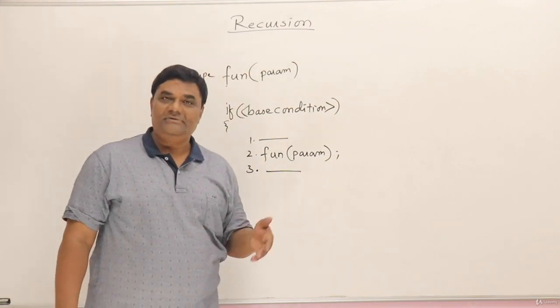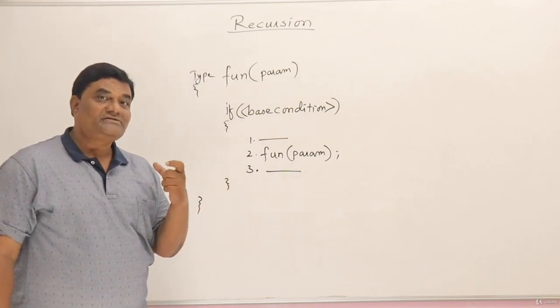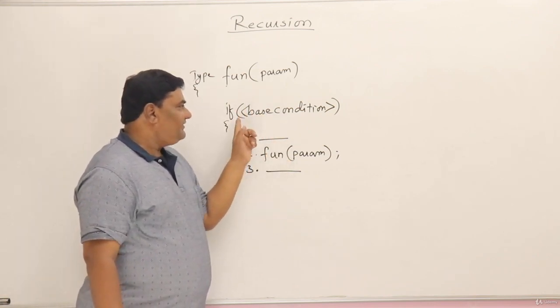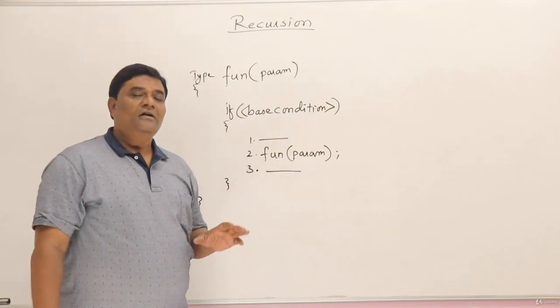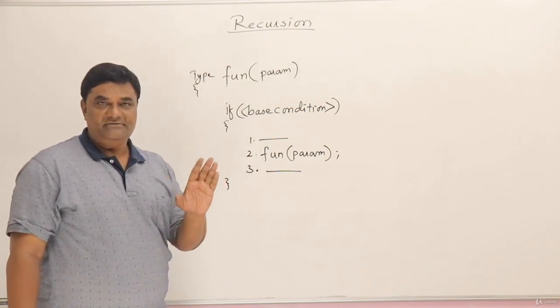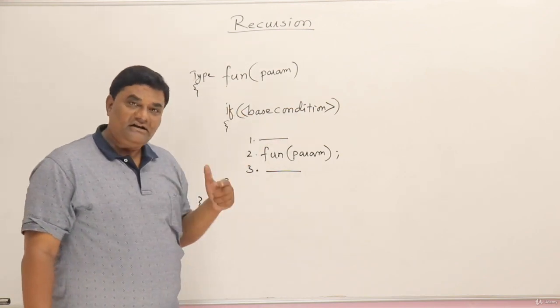So repeatedly it will be calling again and again. There must be some condition at which it must stop. In this example, it will call itself if the condition is true. Whatever it is, at some point it must stop. So here if the condition becomes false, it will not call further and it stops.